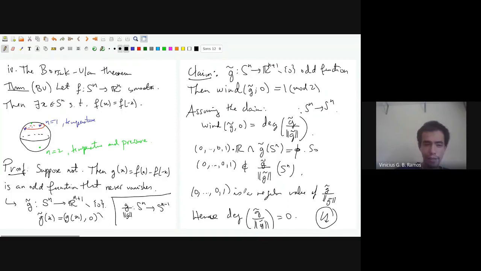So you can take that to be a function from RPn to RPn minus 1. And then you can look at a little bit of homology theory of this and apply it to the projective spaces to show a map like this cannot exist. Okay, so that's the continuous proof.